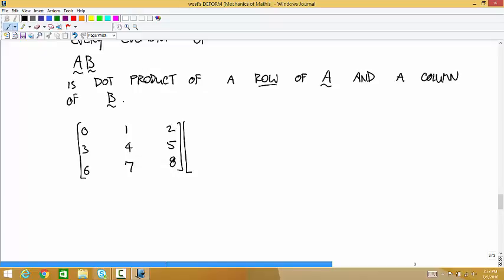And we're multiplying it by a matrix 0. Let's do just all negatives. -1, -2, -3, -4, -5, -6, -7, -8.